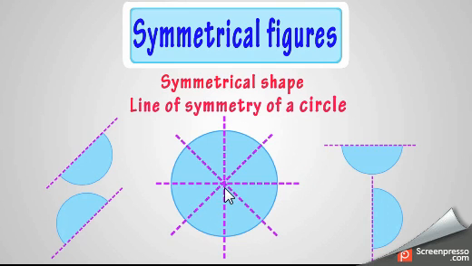And the condition for it to be a line of symmetry is that it should pass through the center of the circle. When I draw any line on the circle passing through the center, it will be a line of symmetry, so I can say the circle has infinite lines of symmetry.